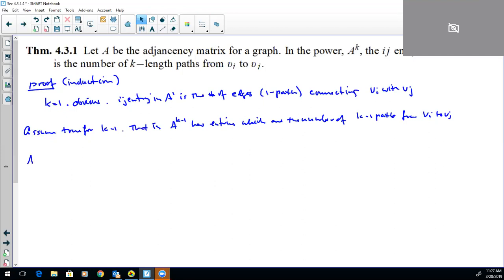Let's remember then that by matrix multiplication, A to the k power is A to the k minus 1 times A.